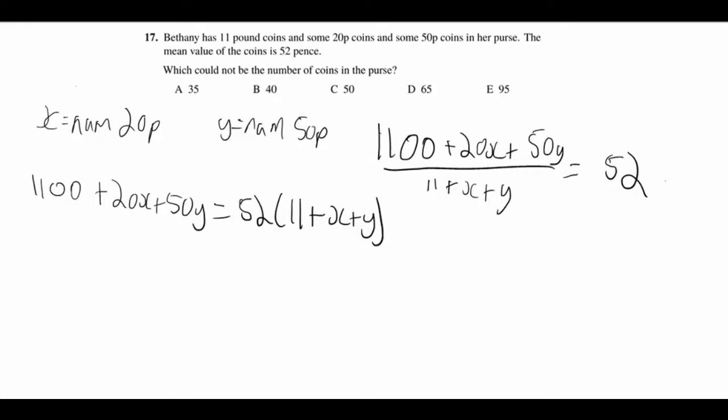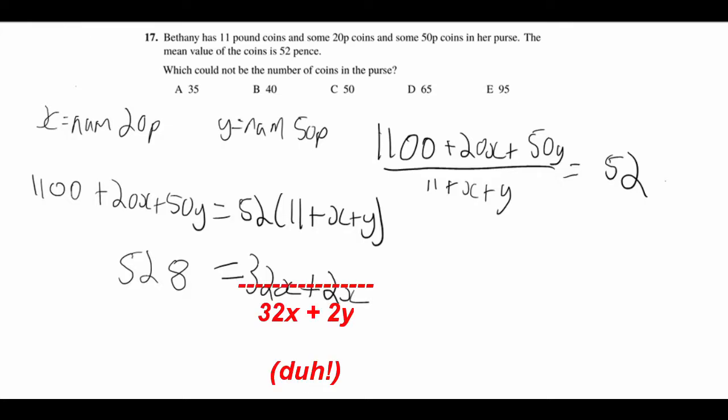And if we then simplify this even more, we get that 528 is equal to 32x plus 2y. And so y plus 16x is equal to 264.